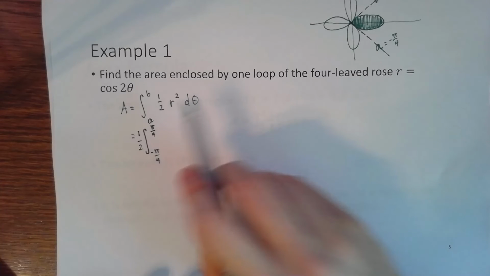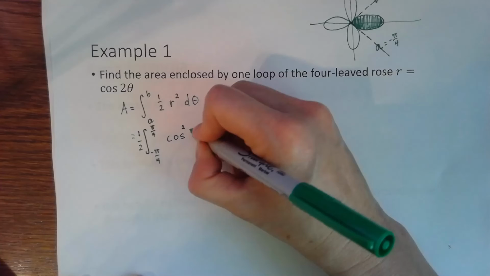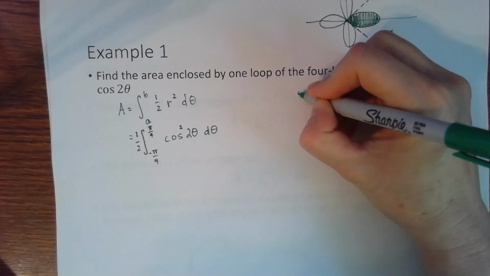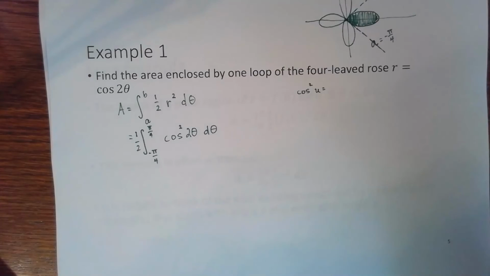A good substitution: if we think about cosine squared of u, we usually replace that with 1/2 of 1 plus the cosine of 2u. We can do that same thing, but we don't have a u, we have a 2u, so we have to be a little careful with the substitution.